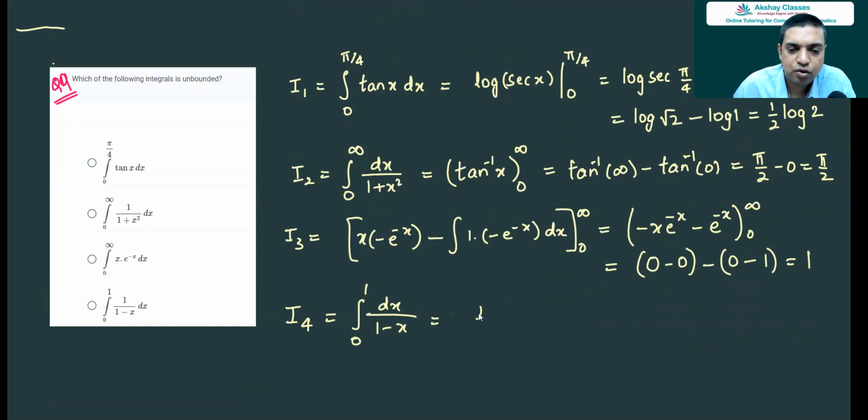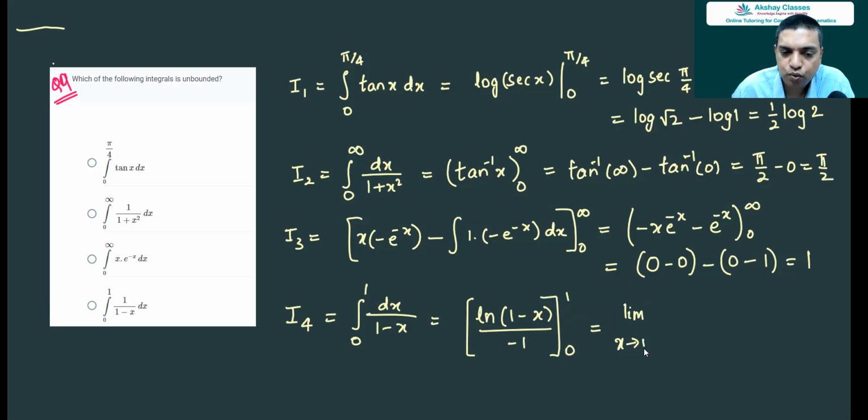This is log of 1 minus x upon minus 1, from 0 to 1. Now this one, we can write as limit x tending to 1 of minus log of 1 minus x, minus 0.